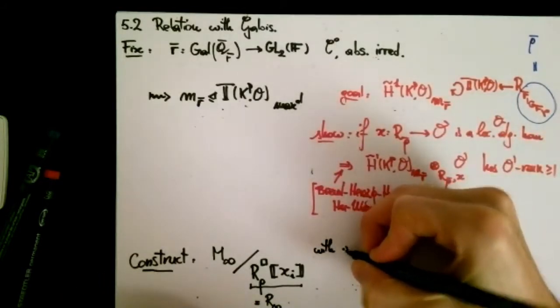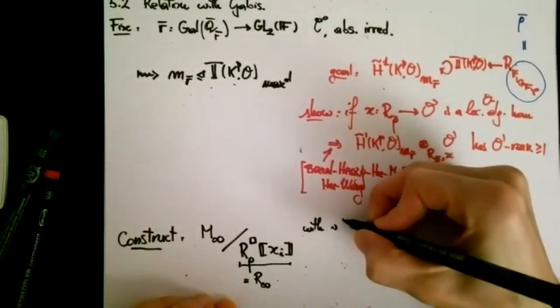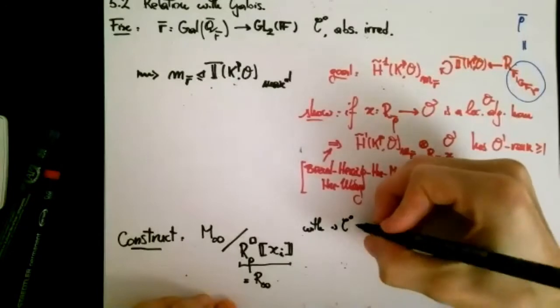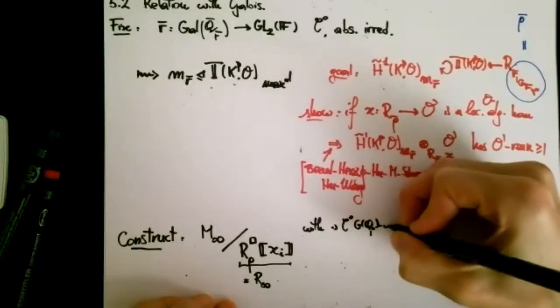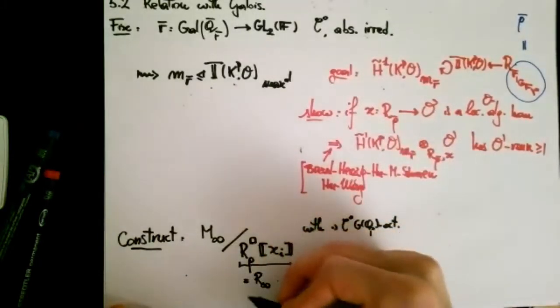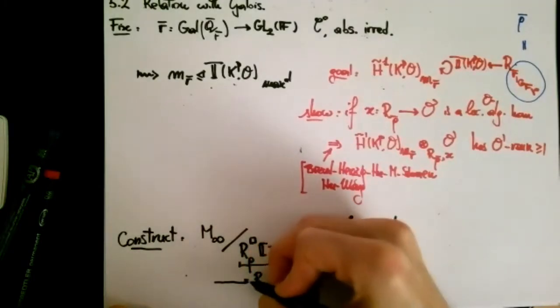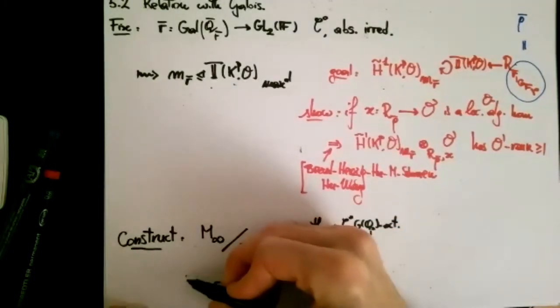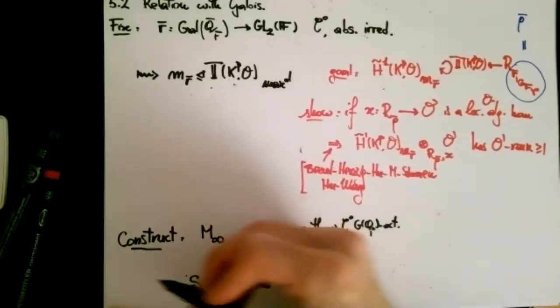First of all, it has a continuous GQp action. And moreover, we have a morphism from a formally smooth ring over O, called S infinity.